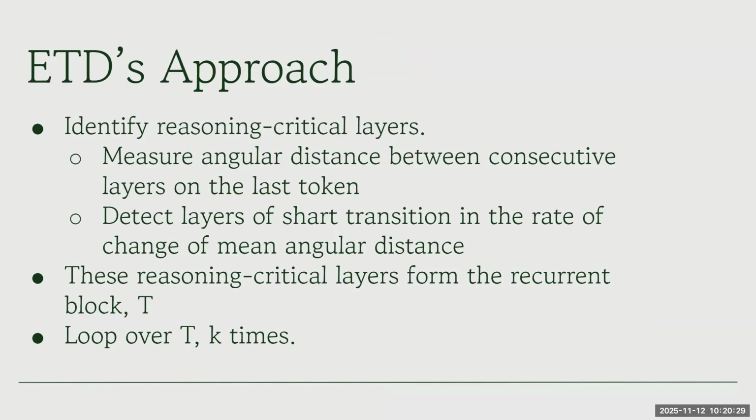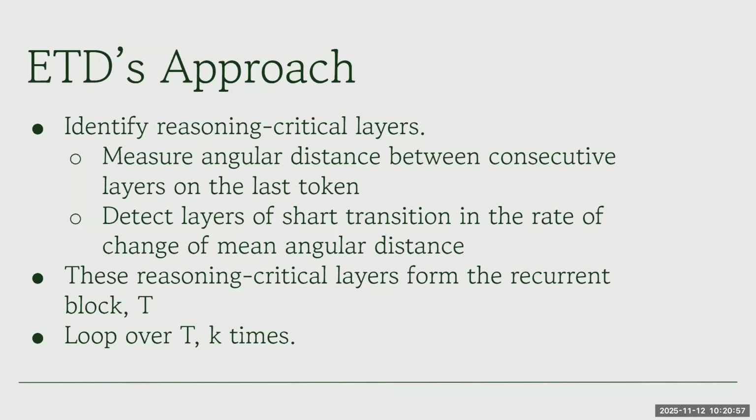So to summarize again, you have your transformer. You assume the notion of dividing it into encode, think blocks, and then decode blocks. Then the question now is, how do you know which layers would belong to which blocks? So you measure the angular distance. Something I didn't mention actually was the angular distance is between the final token in the context.